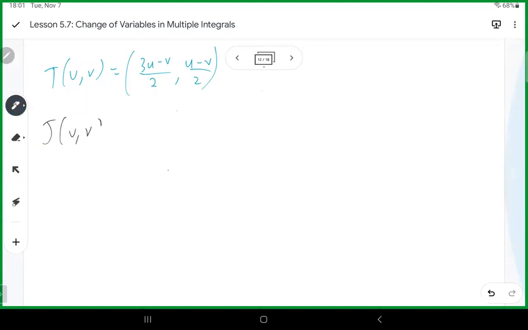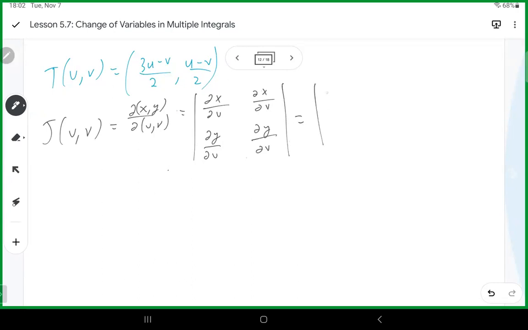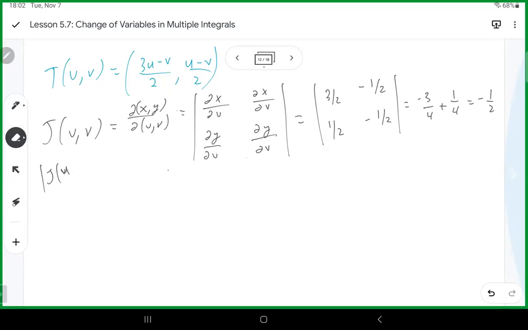So then the absolute value of that would be just 1/2.